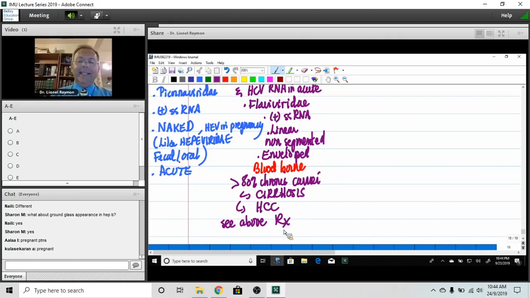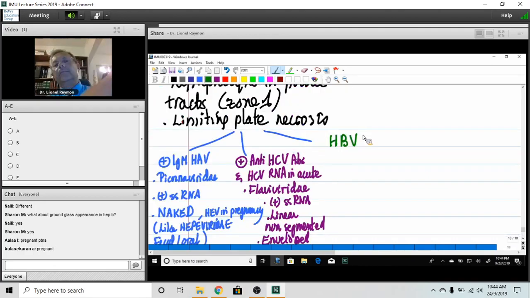Now, of course, the more exciting one as a serology is for hepatitis B. And for hepatitis B, we already explained that this was a double-stranded DNA circular virus, and it was enveloped.